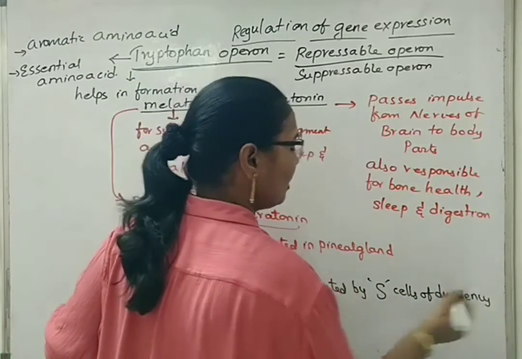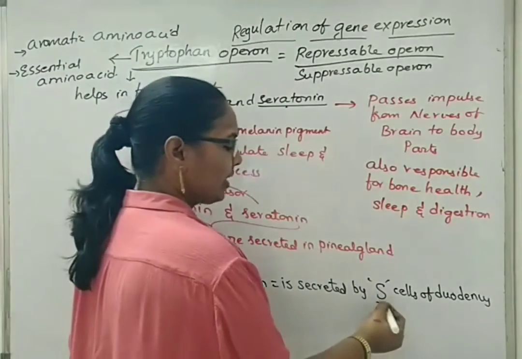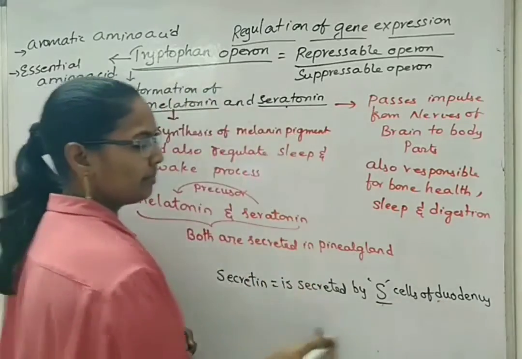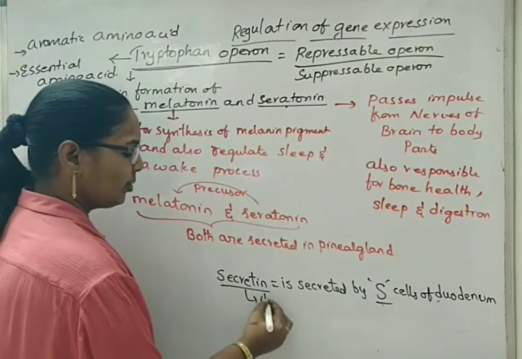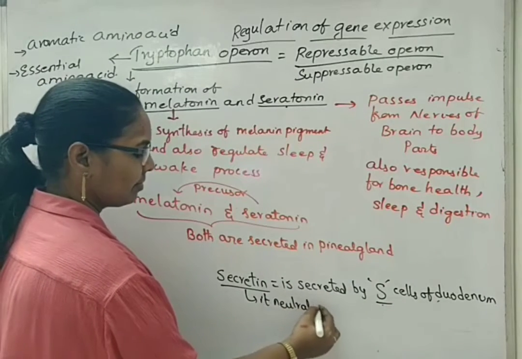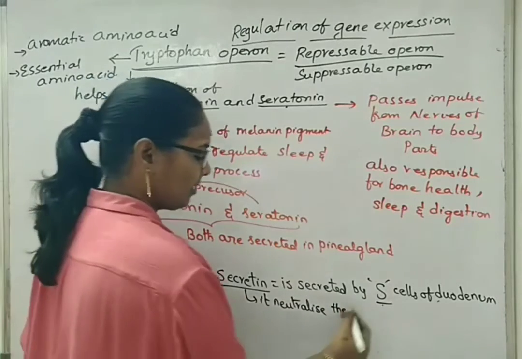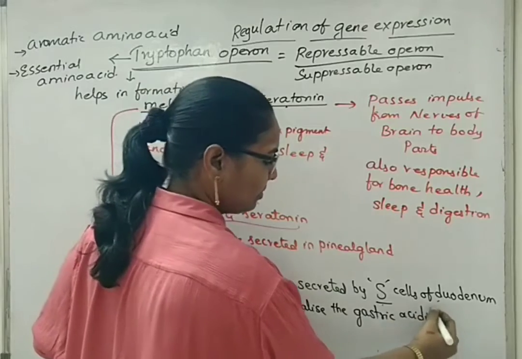Sometimes we say it is secreted by the intestinal cells commonly, but in depth, it is secreted by the S cells of intestine or S cells of duodenum. It neutralizes the acid that is secreted from the stomach, the gastric acidity.